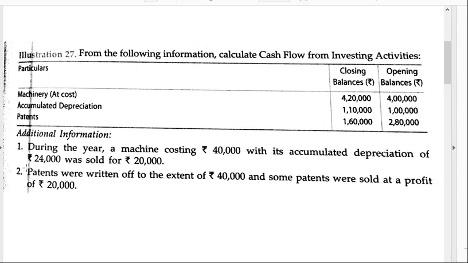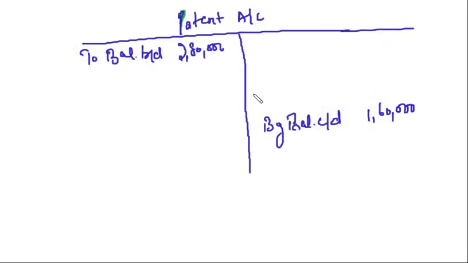Now, what is the information given to us? That patents were written off to the extent of 40,000. If they are written off, we can say by amortization. In case of fixed assets like plant and machinery, we say it is depreciation, and in case of patents, we replace the name depreciation with amortization.